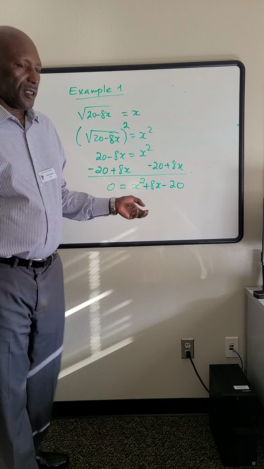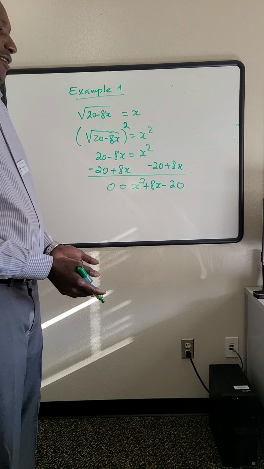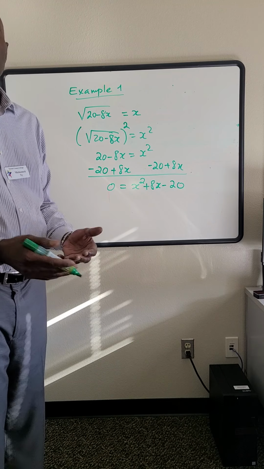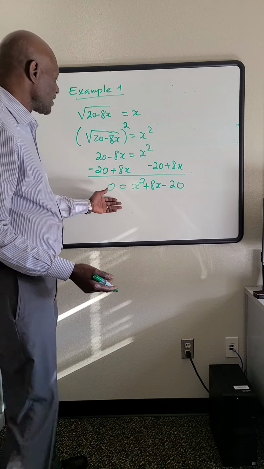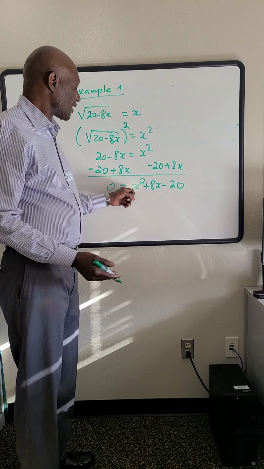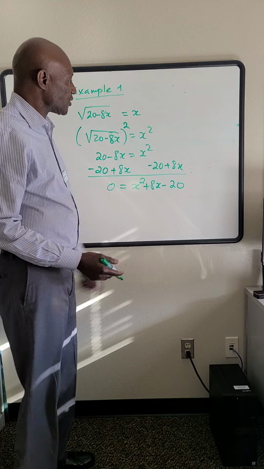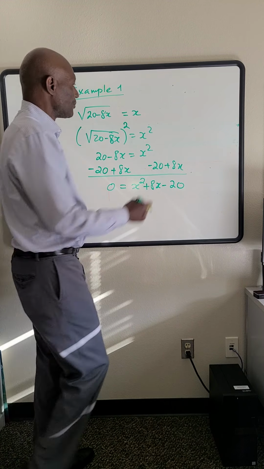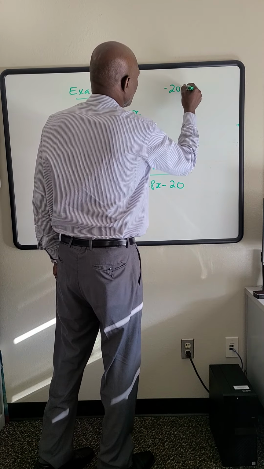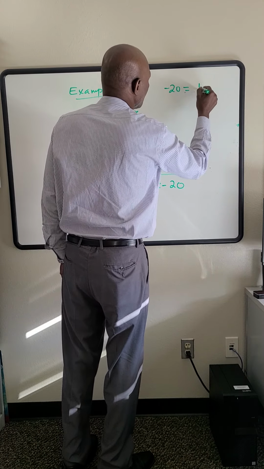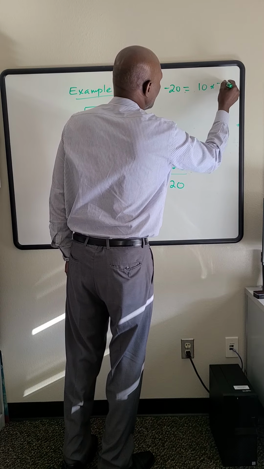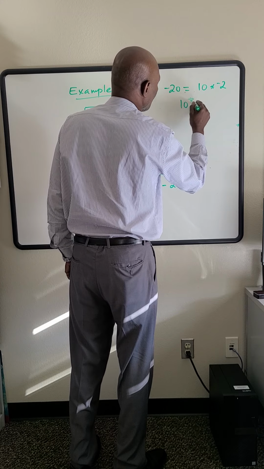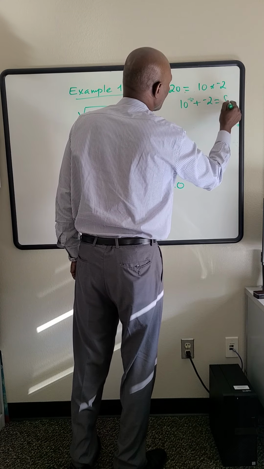The first thing to do in solving a quadratic equation is to check if you can factor it. In this case, because the coefficient of x squared is 1, we can just look for factors of negative 20 that add up to 8, the middle number. Negative 20 equals 10 times negative 2, and 10 plus negative 2 equals 8.